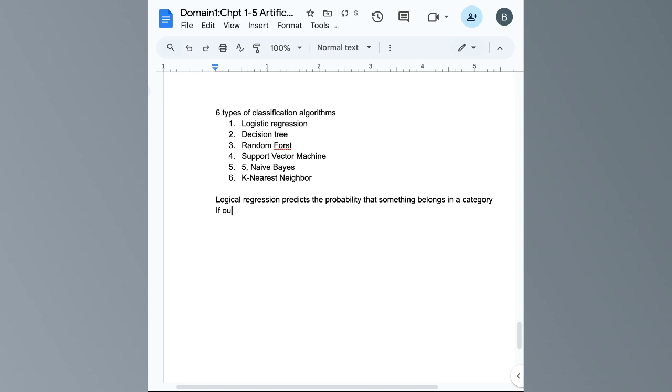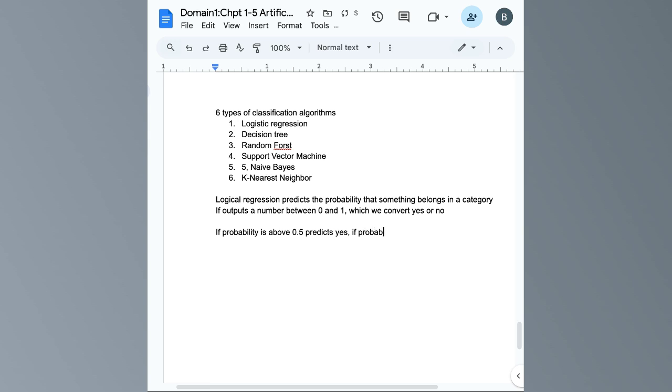If the model outputs a number between 0 and 1, we convert it to yes or no. If probability is above 0.5, predict yes.